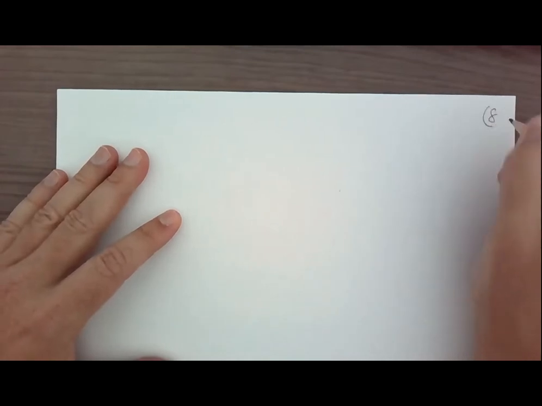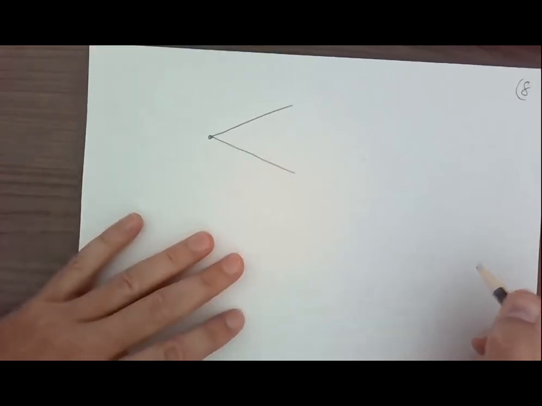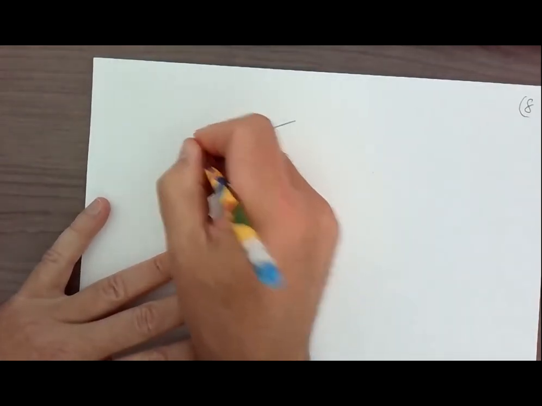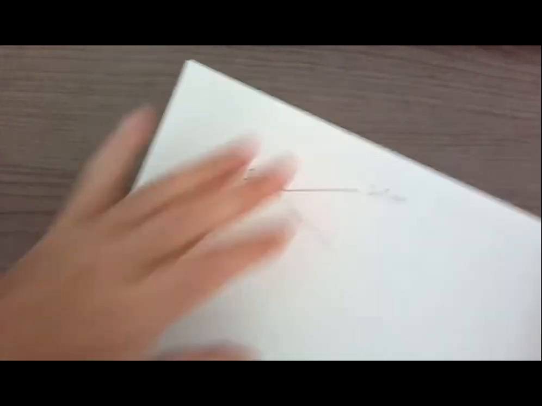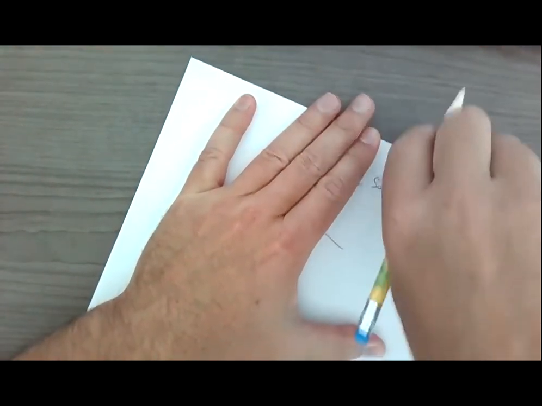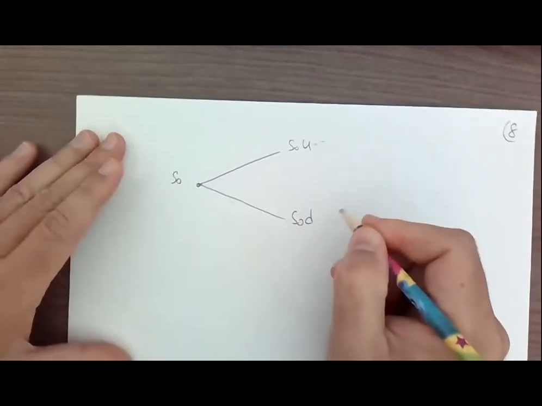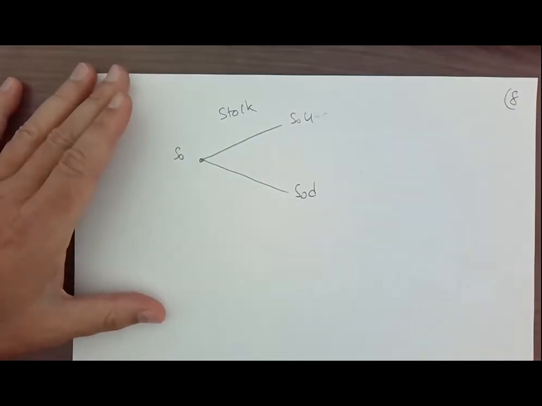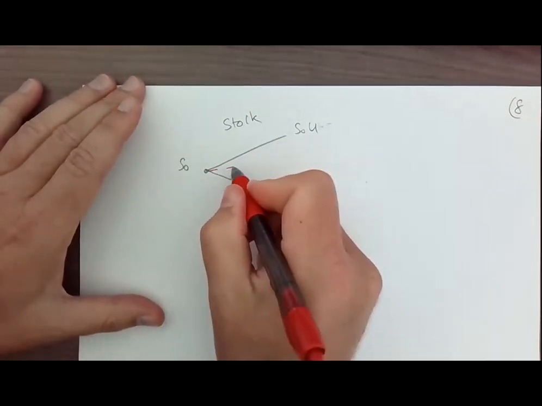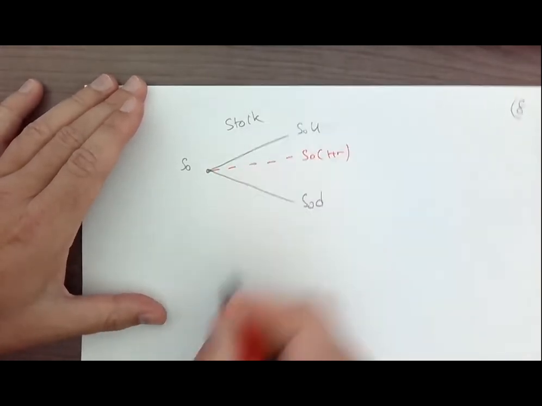So the general picture is that you will have your S naught, which will go up to S naught times 1 plus r, S naught times U and D. And then you will have, this is my stock. And then I'll have the bond. The bond has to sit somewhere inside here. So it goes from S naught to S naught times 1 plus r.